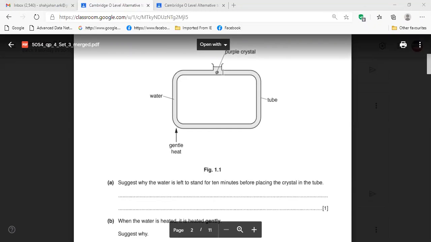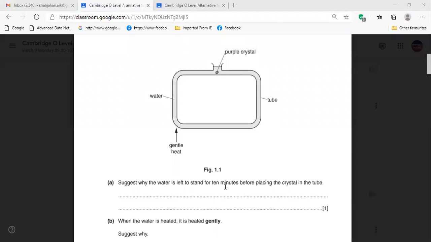But if our water is not settled, we might see that some color will also come to the left side, some will go up, right? Do you understand what I'm saying? So what we have to do first, we have to wait for some time so that our water remains settled, right? Calm water. So that we can observe the convection process without any error.